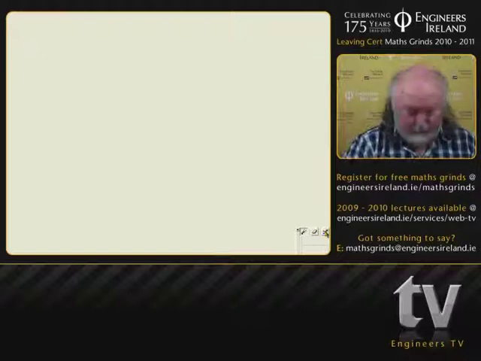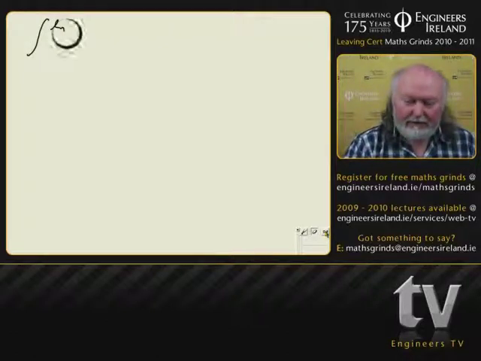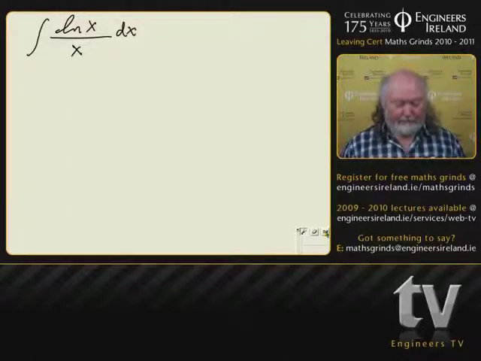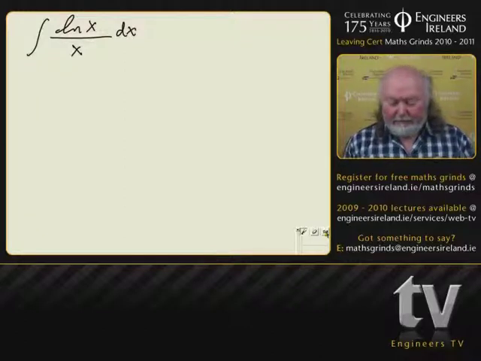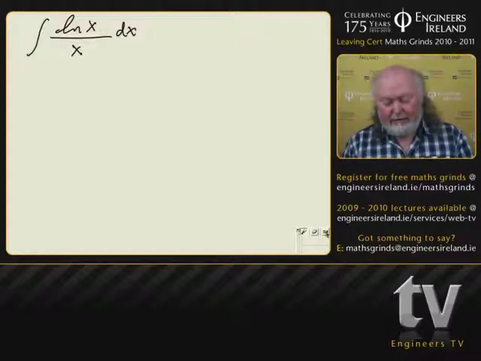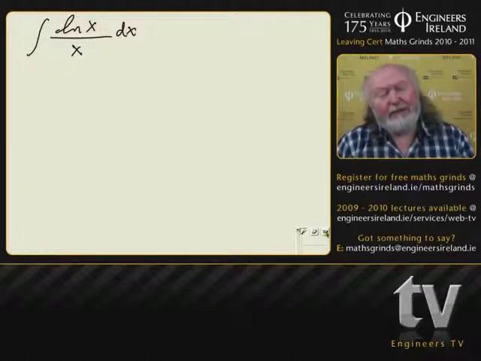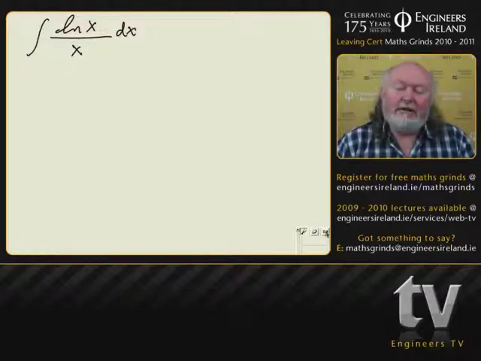We can look at a lot more of them, but this one will give you a throwback to comments that I made earlier. What about that one? Do you remember we said that when you're doing integration, don't just look at the table of standard integrals, also look at the table of results for differentiation.